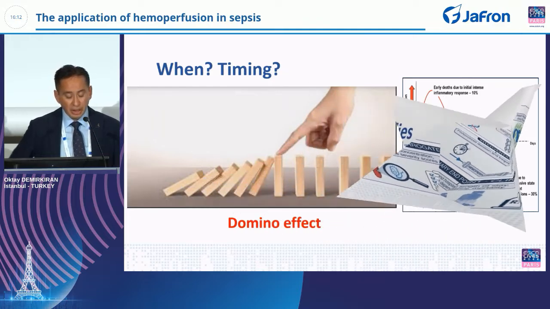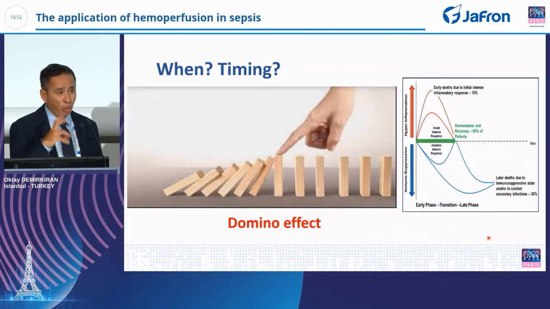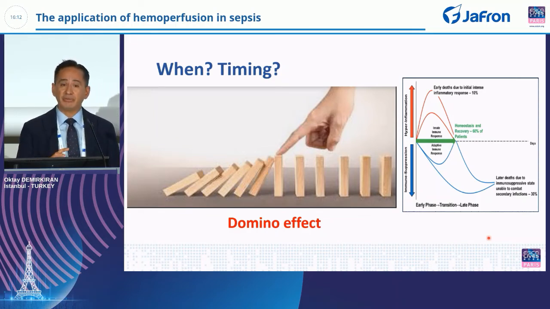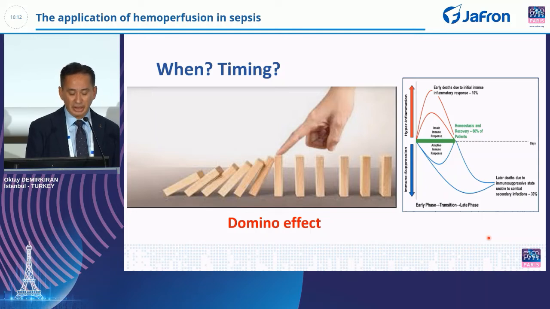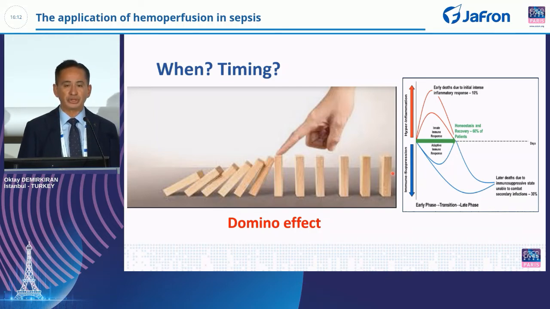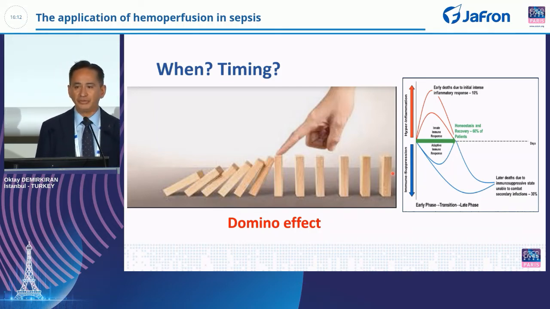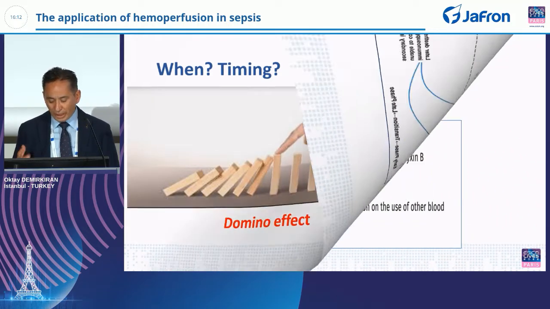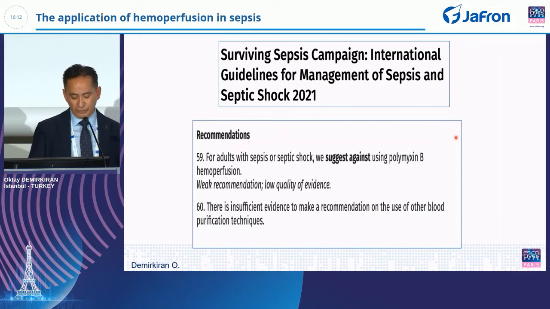And the important point in sepsis is the timing of when we have to start to use it. I think this is a domino effect. If you couldn't stop it at the beginning, you can't stop all the domino stones from dropping. Because of that, you have to do this in the earlier phase, to restore organ perfusion.